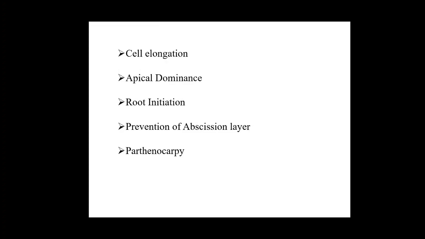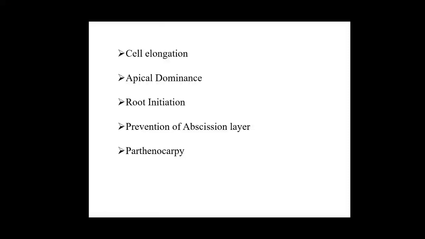It has been shown that the abscission zone doesn't form when the concentration of auxin is high in the plant, particularly when the gradient of auxin is steep, that is, more auxin is present on the distal side and less auxin on the proximal side. Abscission zone formation occurs very rapidly when this gradient of auxin becomes less or neutral.